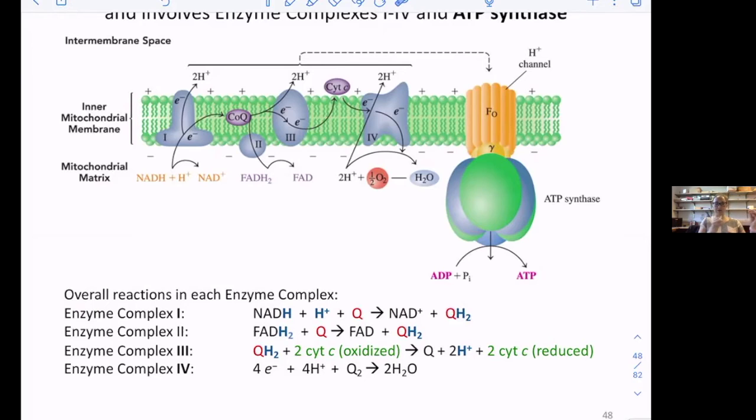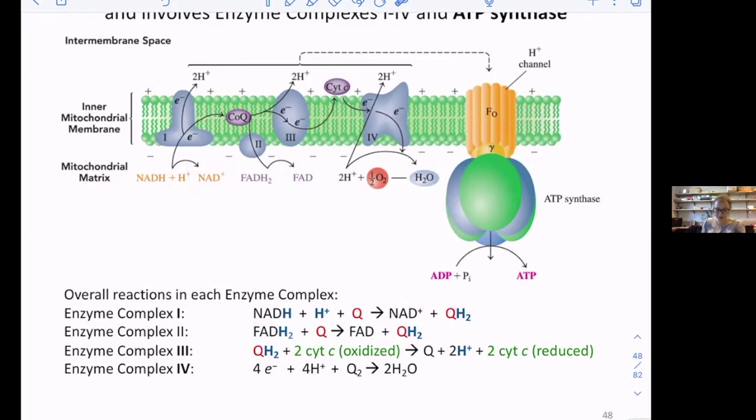Really we're just moving those two hydrogens over to a different coenzyme, reforming NAD plus, which can then go back and do more of those processes like the citric acid cycle or glycolysis. Enzyme complex 2 takes FADH2 plus the Q coenzyme to make FAD plus QH2 again.